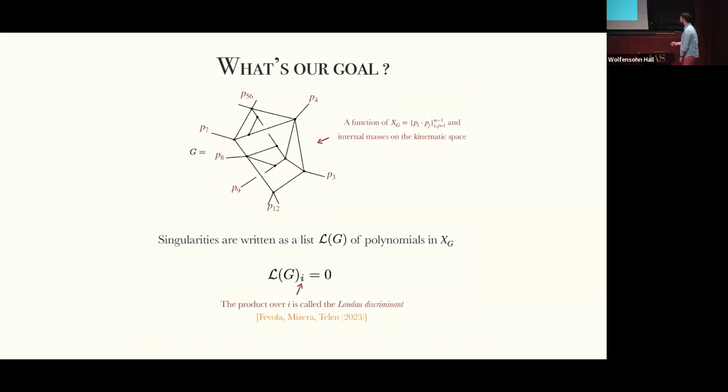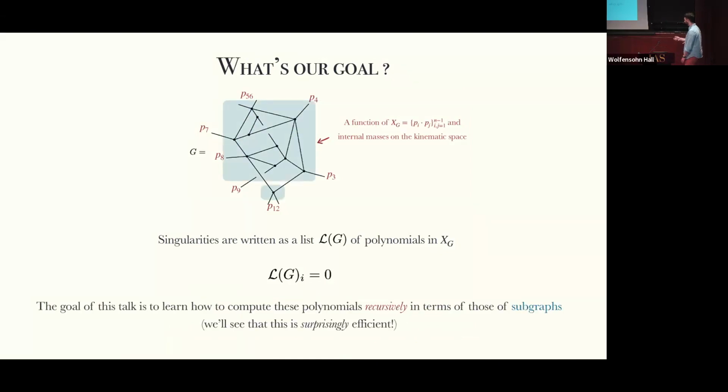In general, it's convenient to cast the singularities into a list of polynomials L_G,i equals 0 in the variables x_G and in the internal masses. The product over i of these polynomials has a name. It's known as the Landau discriminant, and its job is to know about all the singularities of a graph G. The goal of today is to learn how to compute these polynomials recursively, in terms of those of the subgraphs.